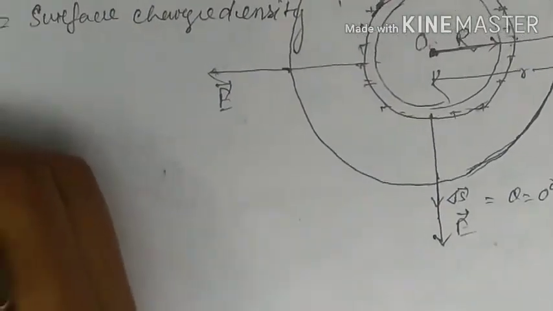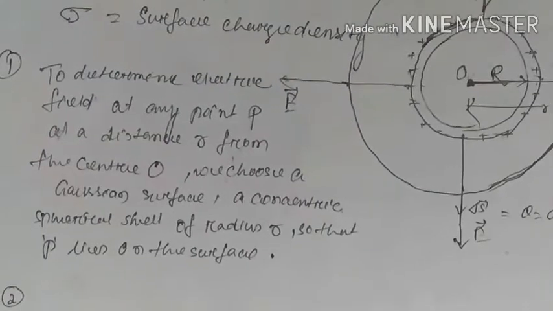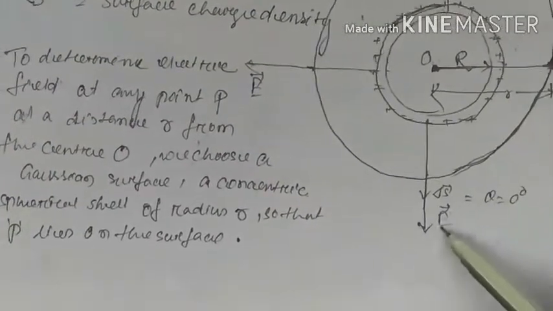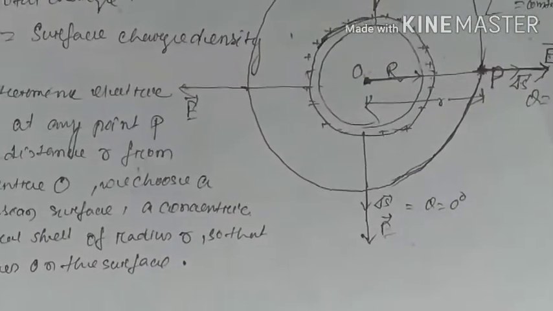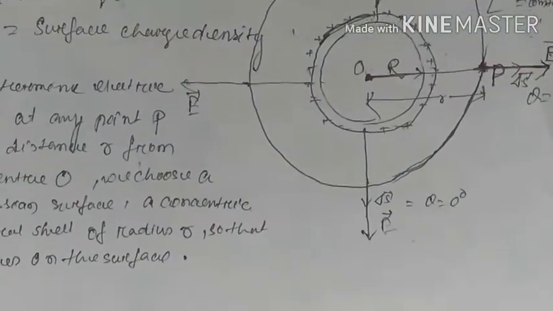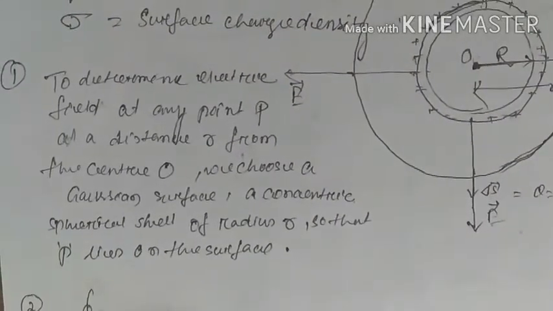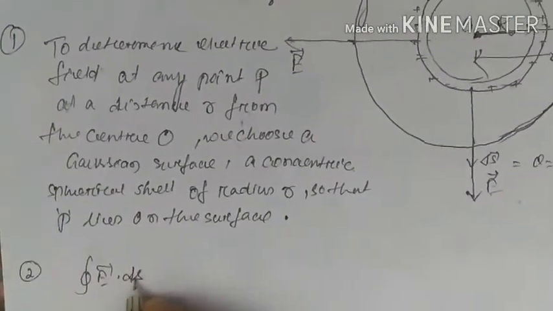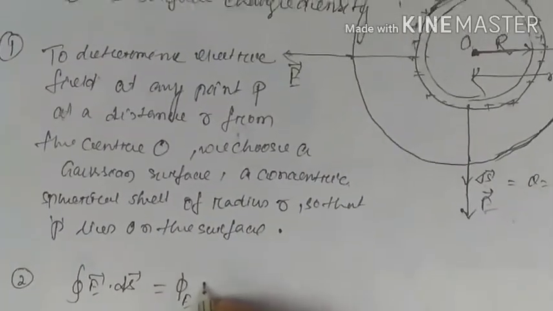Now we apply it. So you write down this point. As E and delta S are constant, we only have to integrate the surface integral. So our second step: E dot dS, that is our flux phi linked with the surface.